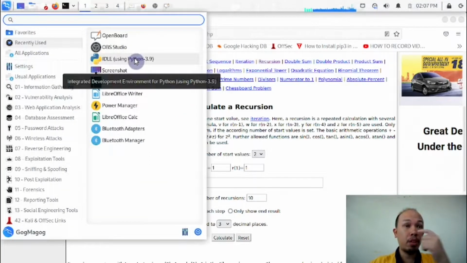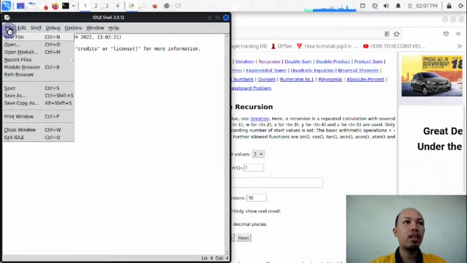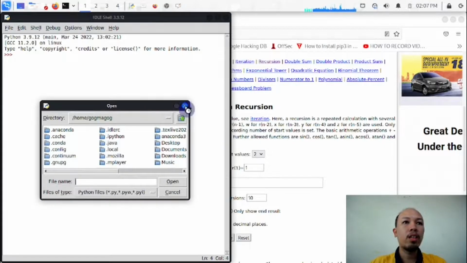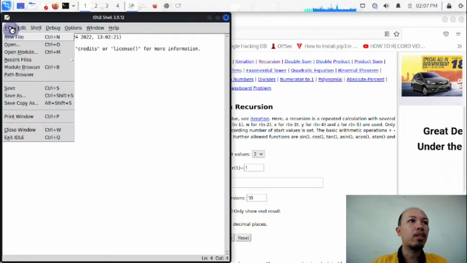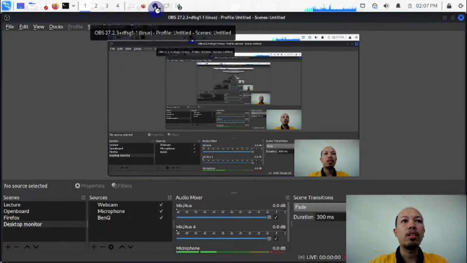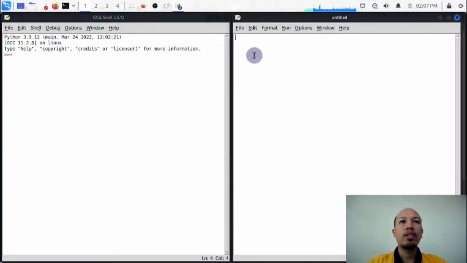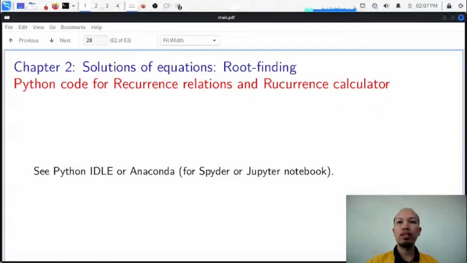If you are using Windows, you will see something like this. Let's have a new file. In this new file, we will code the Fibonacci sequence.